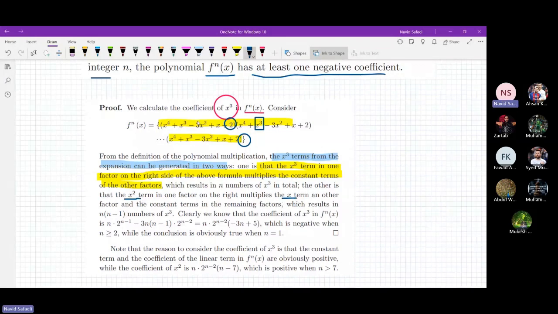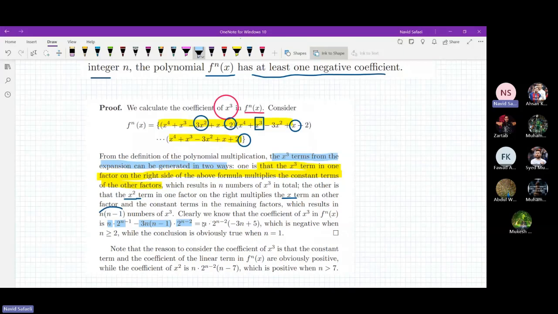In n ways we can choose x^2, and in n minus 1 ways we can choose x. So the coefficient of x cubed in general would be this times this minus this times this, and the rest constant terms.